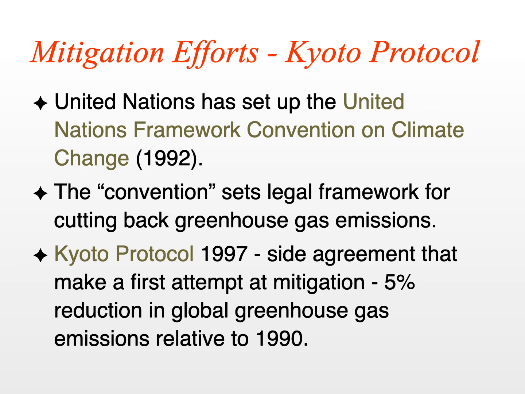And about 5 years later, a protocol or an agreement was signed that involved the first sort of attempt at limiting greenhouse gas emissions. The agreement suggested that they should try to reduce greenhouse emissions by 5% relative to what occurred in 1990. Now, many of the nations didn't achieve this, or they bailed out, including Canada and the United States.